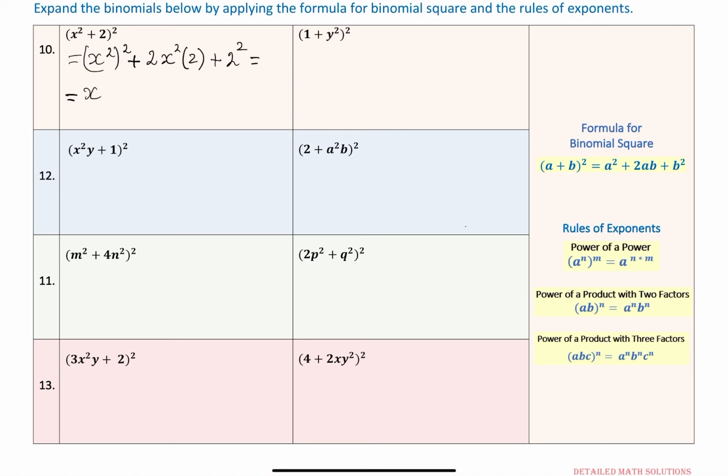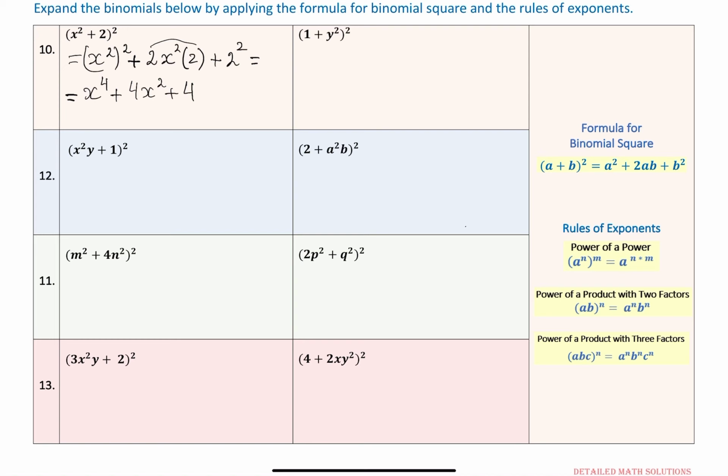Therefore, this equals x⁴ + 2 times 2x², or 4x², + 2² = 4.